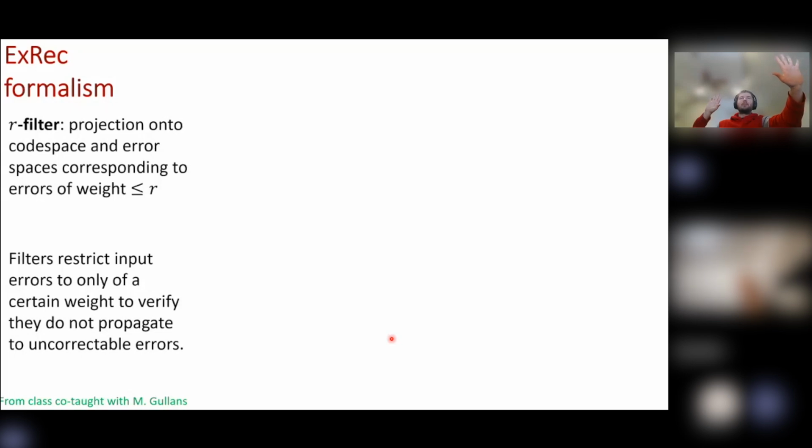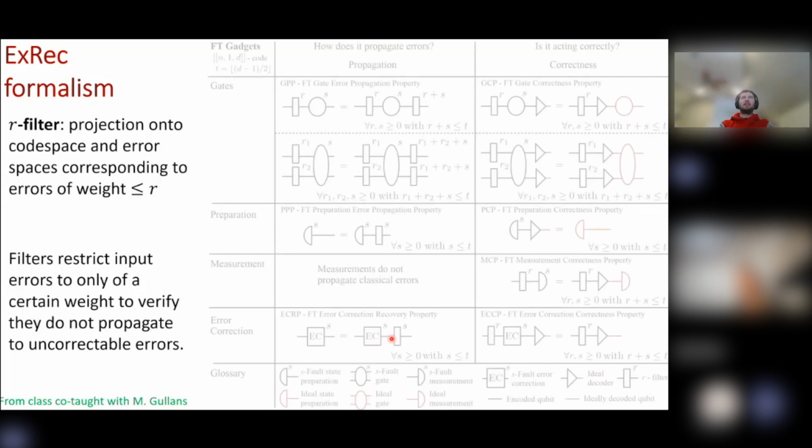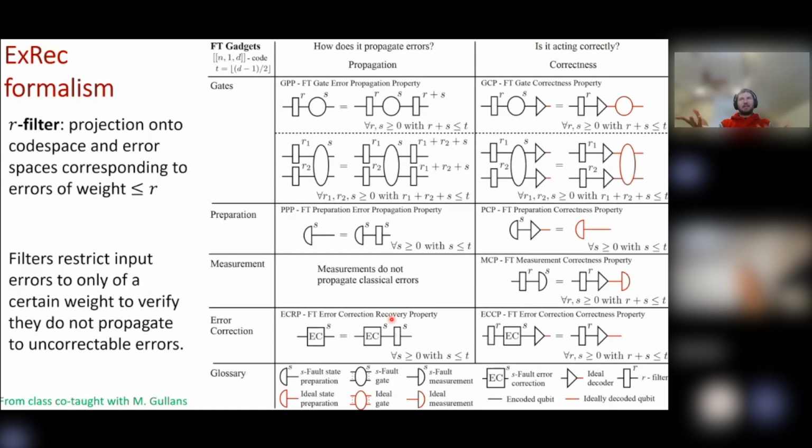And then we want to ensure that our gadget doesn't amplify the errors past some weight R plus S. So then we'll stick in a filter from the other side that cuts out anything that's past weight R plus S. And that's the basic fundamental property of this propagation column.